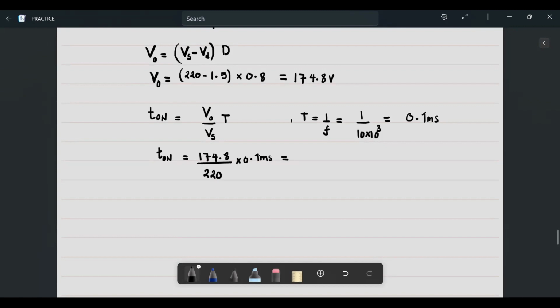So how much is that? Let me just put that in the calculator. 174.8 over 220 times 0.1. So this is 0.079.